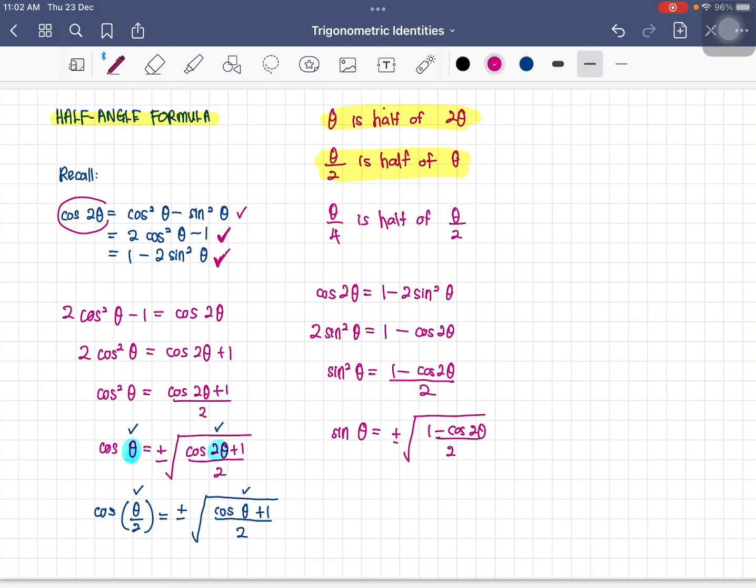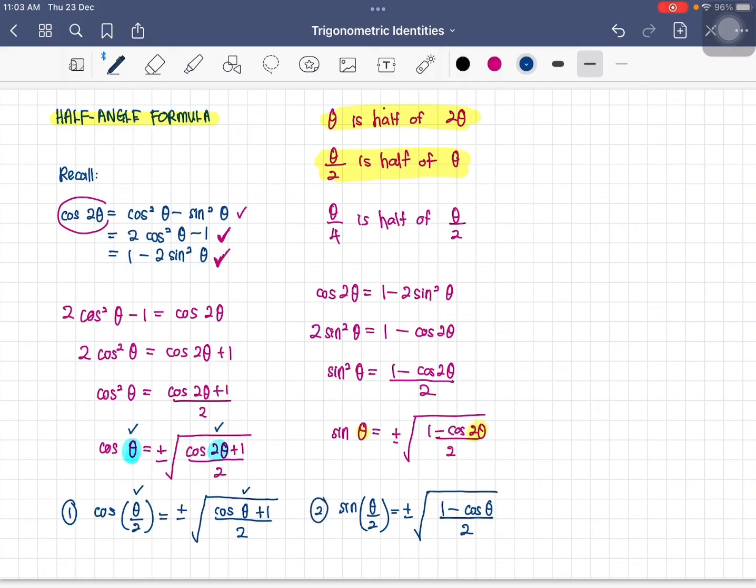Again, since theta is half of 2 theta, therefore if I want to have sine of theta over 2, of course it should be half of the 1 minus cos of theta. I'm just changing the parameter or the variable here. Alright, so we get a formula for the cos of theta over 2 and sine of theta over 2.